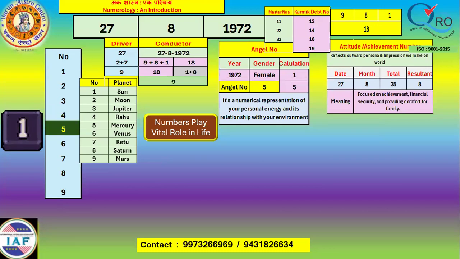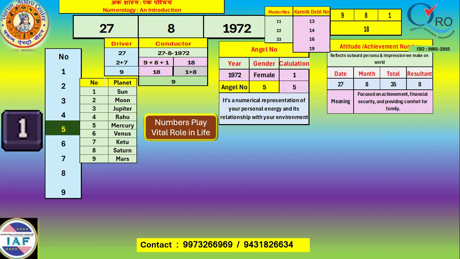Attitude number or achievement number. This is the sum total of the date and month converted into single digit. This reflects outward personality. The driver reflects inner personality. Attitude or achievement number reflects outward personality and what impressions we make on the world.